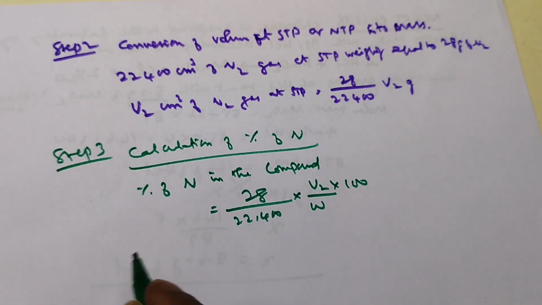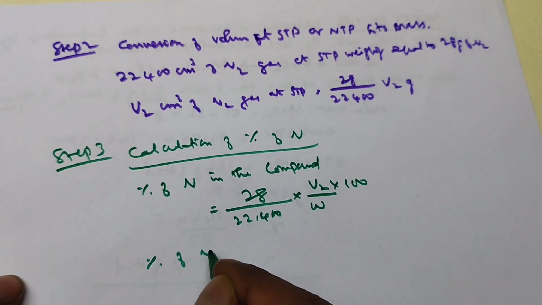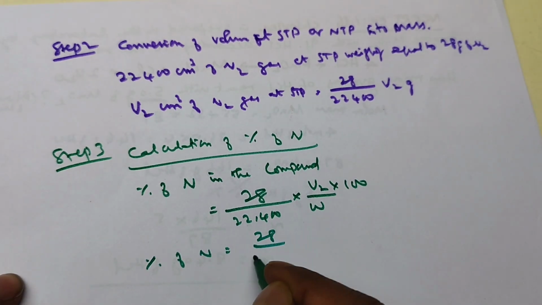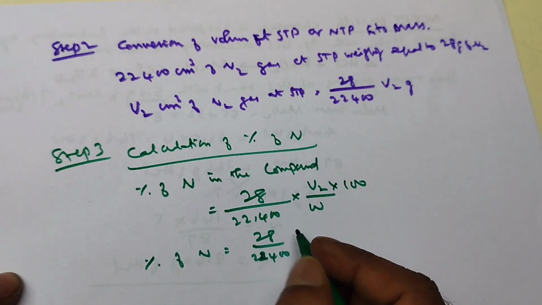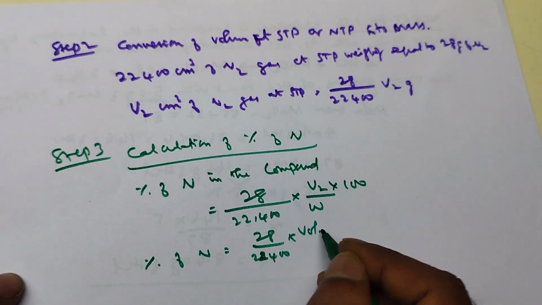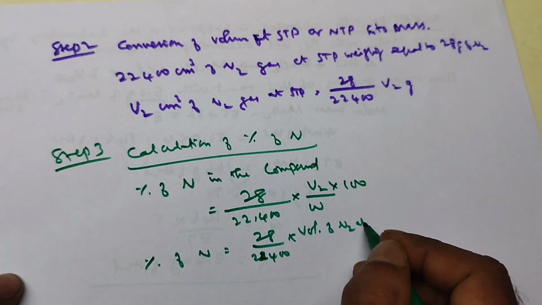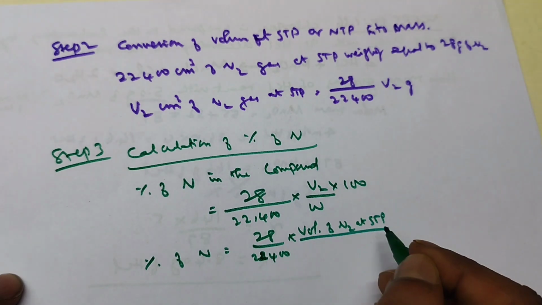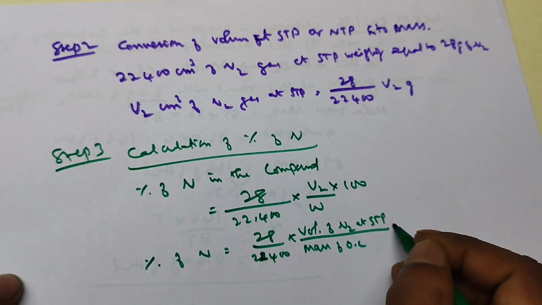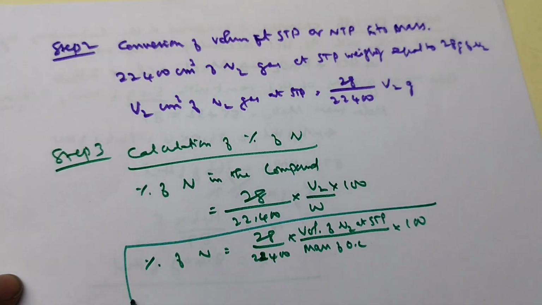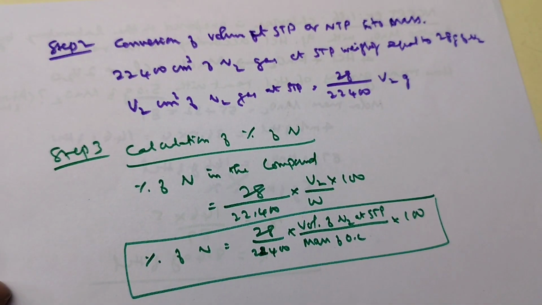More precisely, percentage of nitrogen is equal to 28 divided by 22,400 into the volume of N2 at STP, divided by the mass of the organic compound, into 100. So by using the Dumas method, we can find the percentage of nitrogen using this formula.